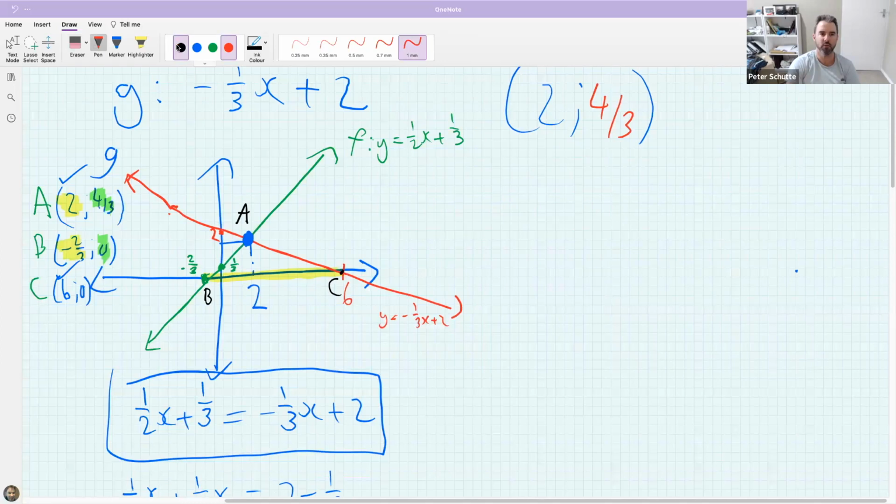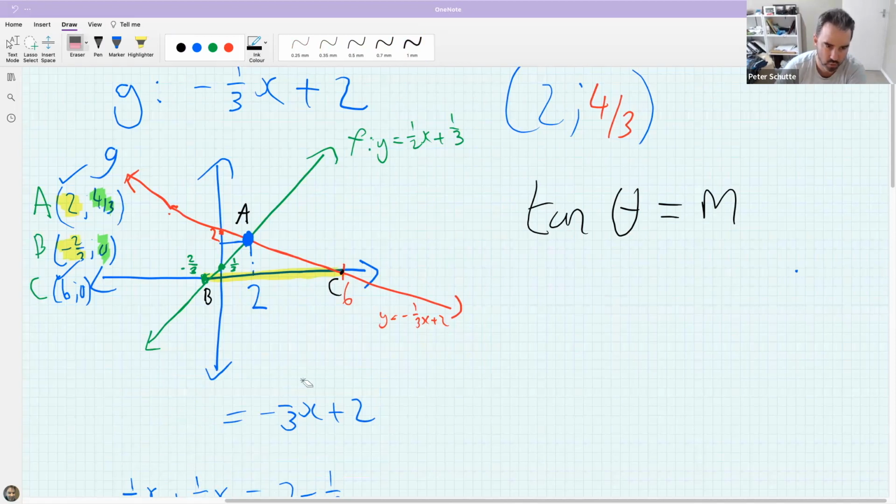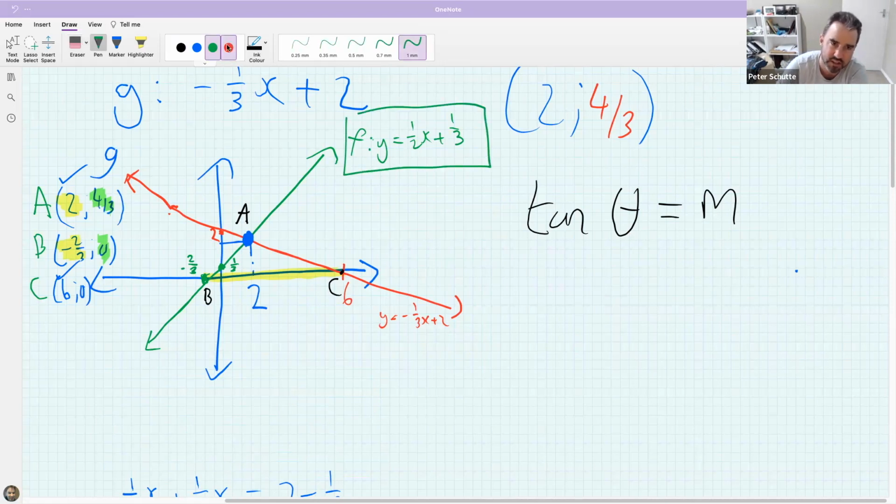The formula that we use to help us is tan theta equals m, where m is the gradient. Now, I want us to look at our drawing over here, and you'll notice that I've written in the equations of each of these to help you.